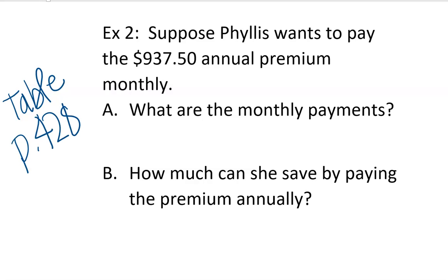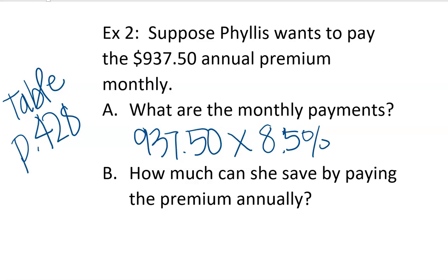This breaks it down specifically. So if we wanted to take this $937.50 policy, break it down into monthly, what we do is we take that percent that is monthly, which is 8.5%, and multiply.